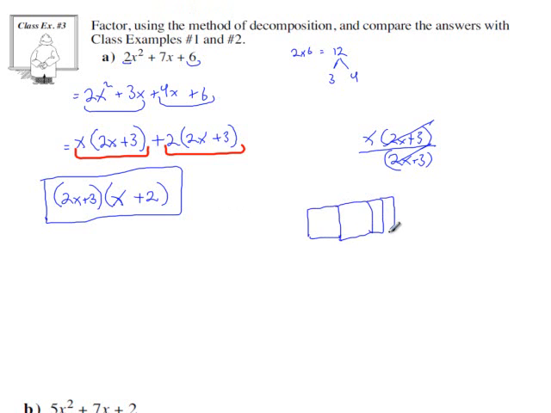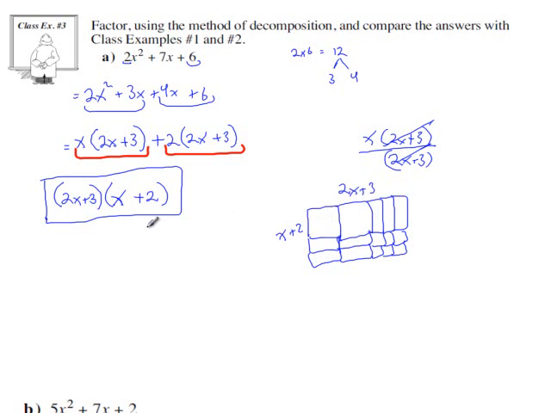So if I put 3x tiles here, 4x tiles here, and 6 1s tiles there. There, that makes a complete rectangle using all of the tiles. Length of one side is x plus 1, 2, 3, so 2x plus 3. Length of the other side is x plus 1 plus 2, so x plus 2. You would have gotten the same result either way.